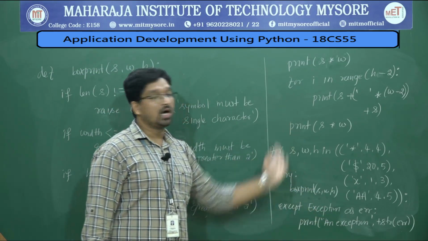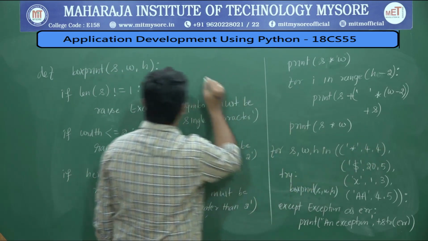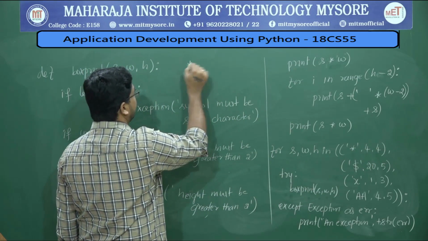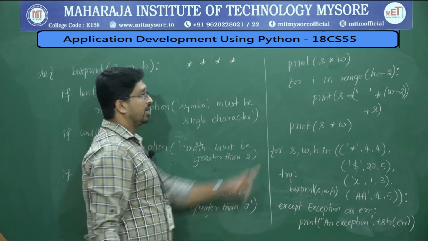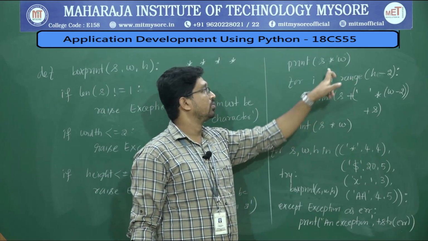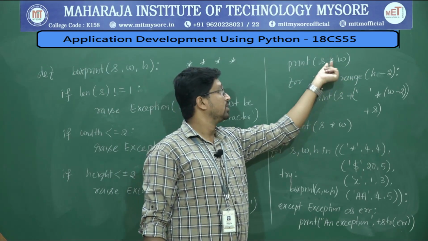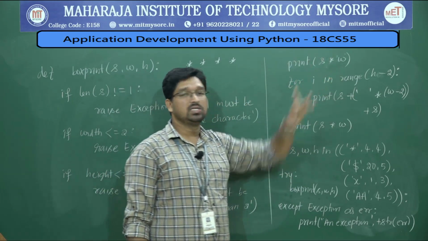Okay. Now we will see how we print the box. Let us say the first one is star 4 4. So how will it print? It will print 4 stars first. For that we are writing print S star W. Here S is a character and W is an integer.